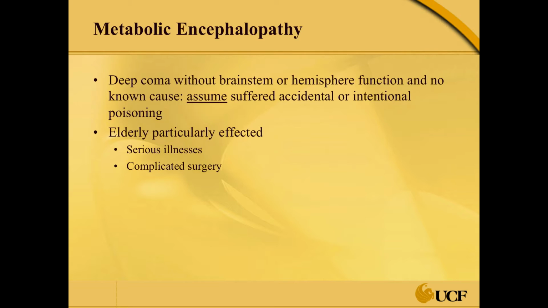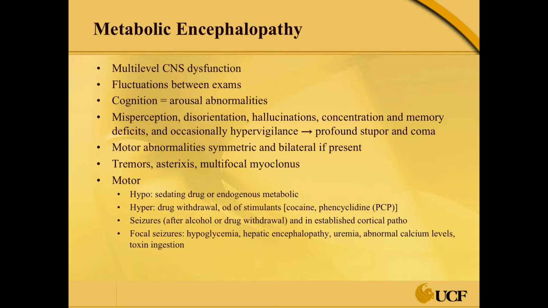The elderly in particular are affected, as are those with serious illnesses, and certainly this will complicate surgery, and even a complicated surgery in and of itself can cause metabolic encephalopathy as well. So the longer the patient is under anesthesia, the longer the patient remains on the vent, all those things can result in metabolic encephalopathies.